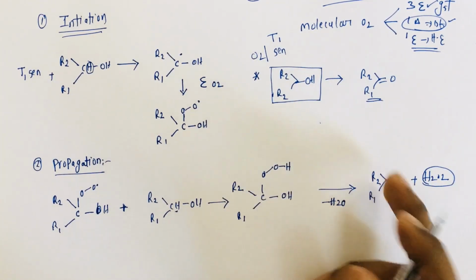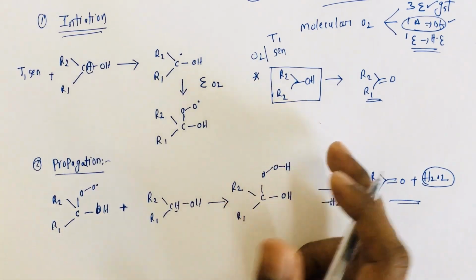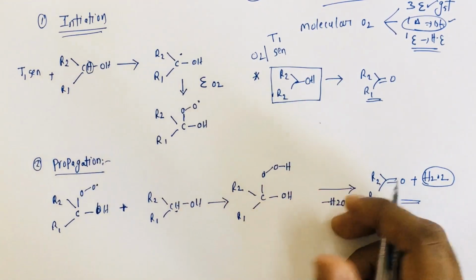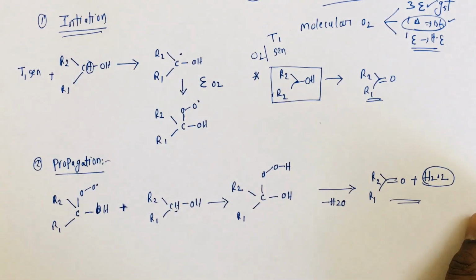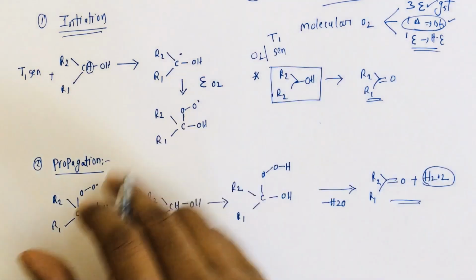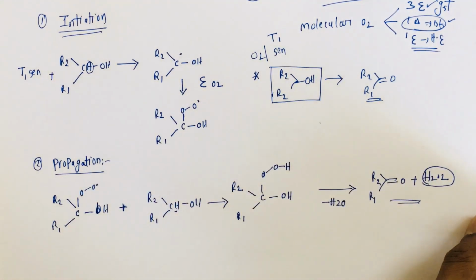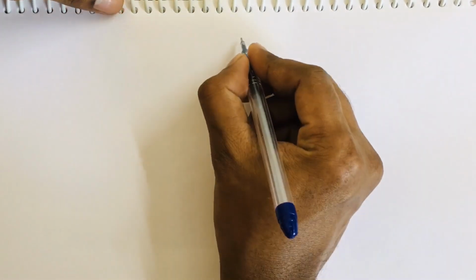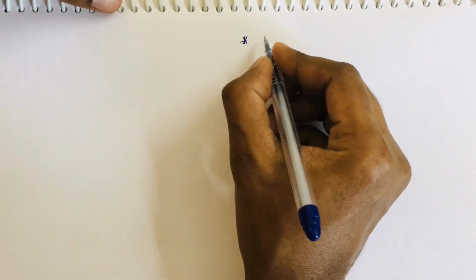This is not that important, but whatever I'm going to talk about now is very important. This is only for mechanism purposes, how the reactions are going. This is a Diels-Alder kind of reaction.